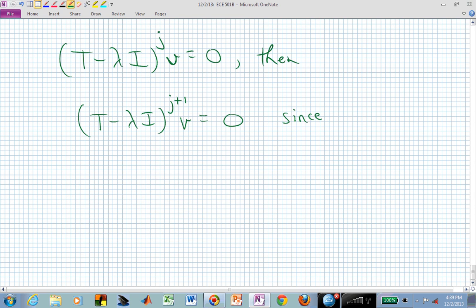And all you really have to do is pull that T minus lambda I raised to the j plus 1 apart. Break it up into two pieces.